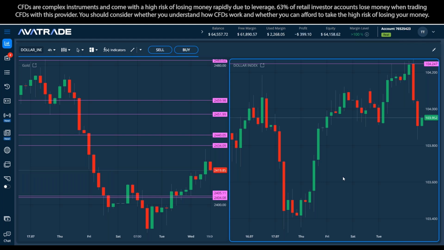Okay, sometimes it's correlations in the same direction, or it could be correlations in the opposite direction. In the case of the dollar index and gold, they tend to go opposite direction many times. And in the case of a major index out of China and the Australian JPY, they tend to go the same direction. Okay, it's not always the case.